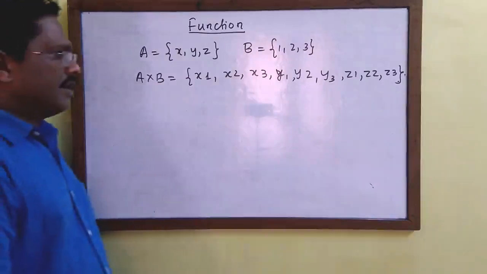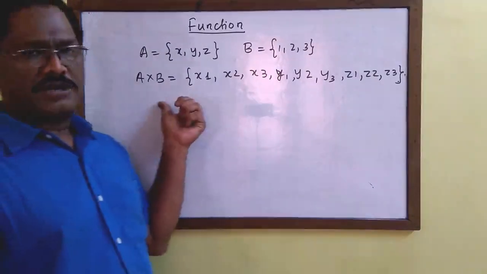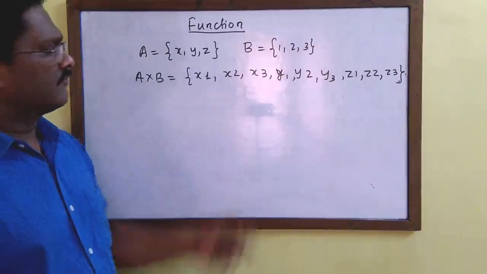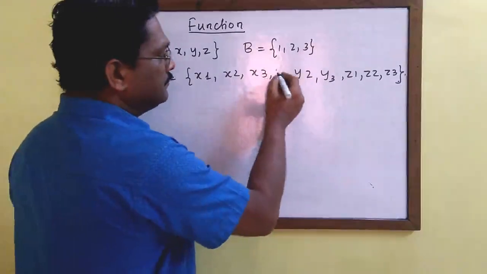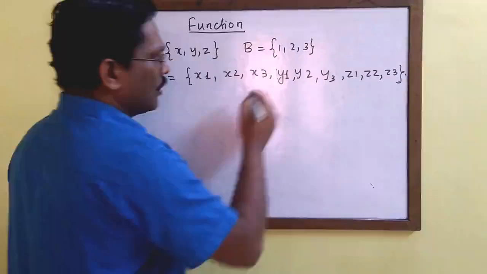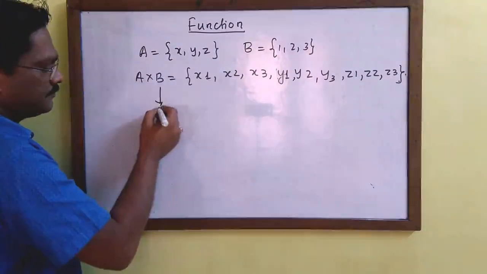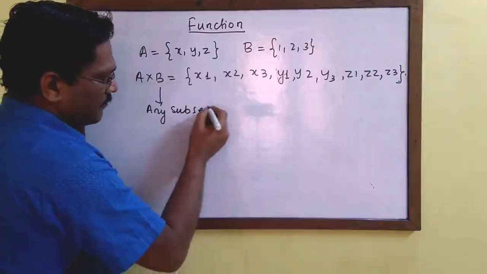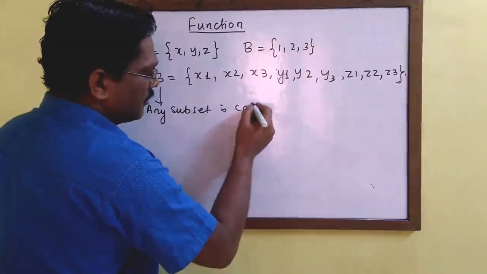Cartesian product of any two sets can be written like this and you can easily find out. Now any subset of this is called a relation.